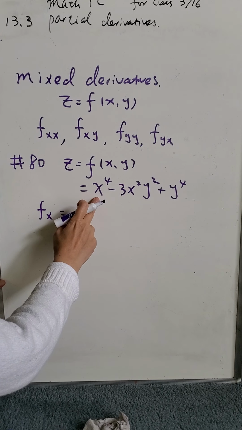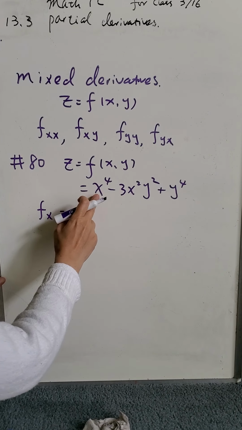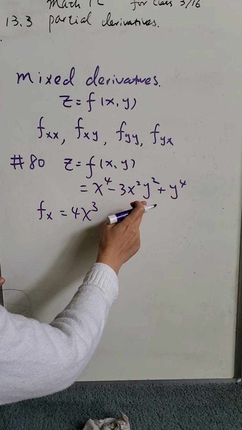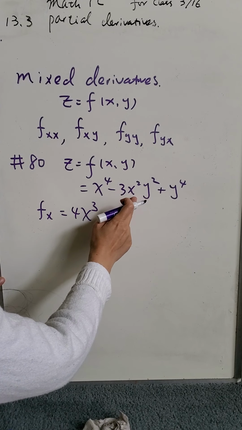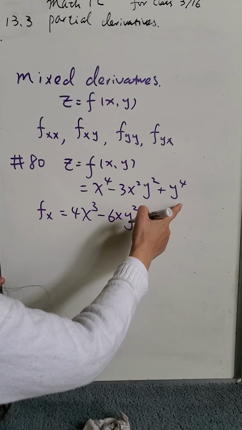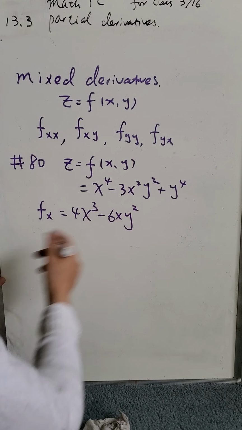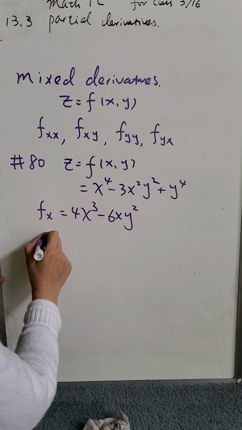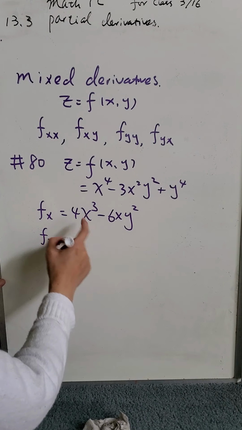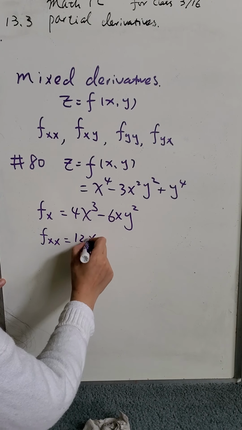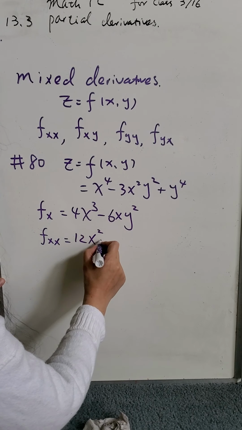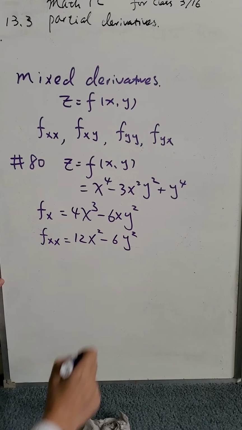So x counted as a variable, so that'll be 4x cubed. And now this is a coefficient here, so don't do anything. So take the derivative of this one, so minus 6x y squared. And that's a constant, so the y term drops out. And then now we're gonna go fxx, okay, x again. So that becomes 12x squared. So this is your variable, and that will be minus 6y squared, okay?